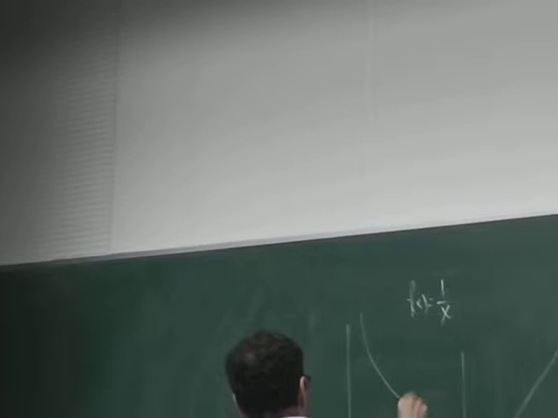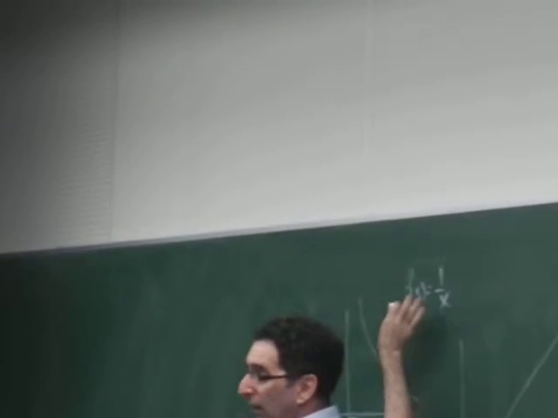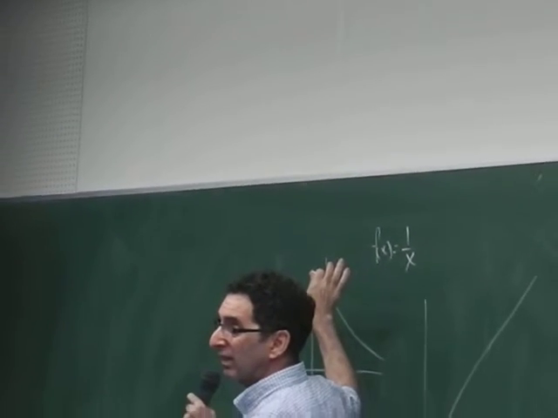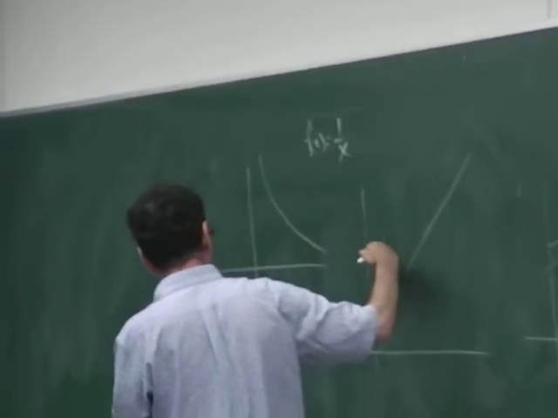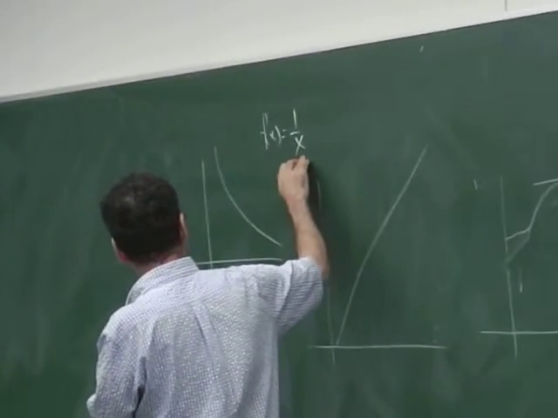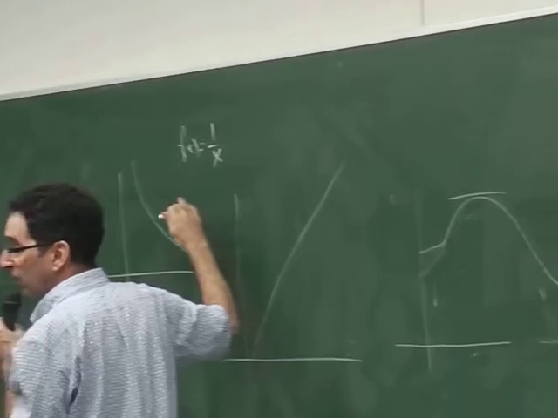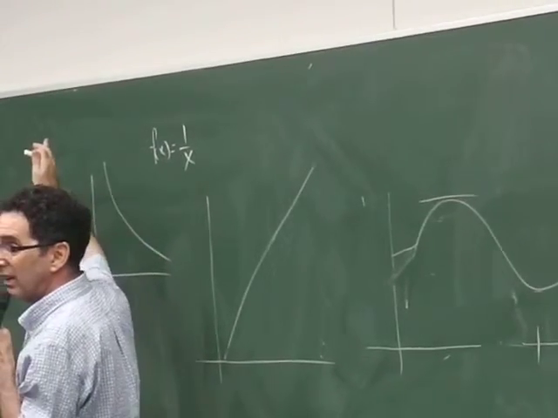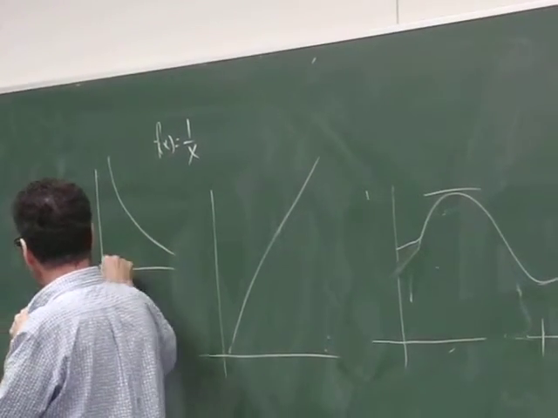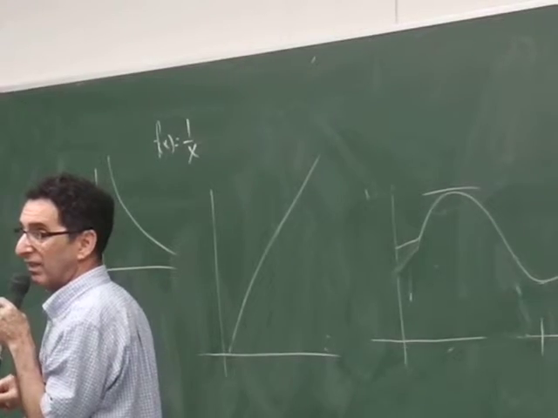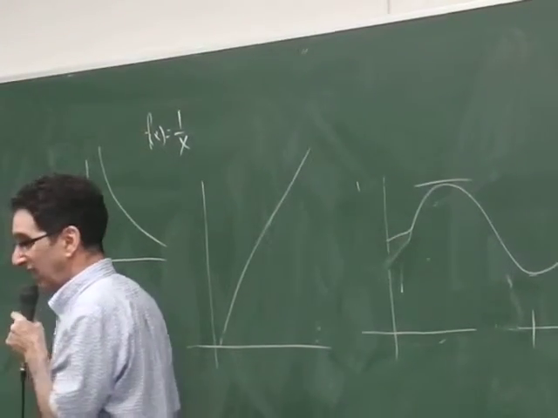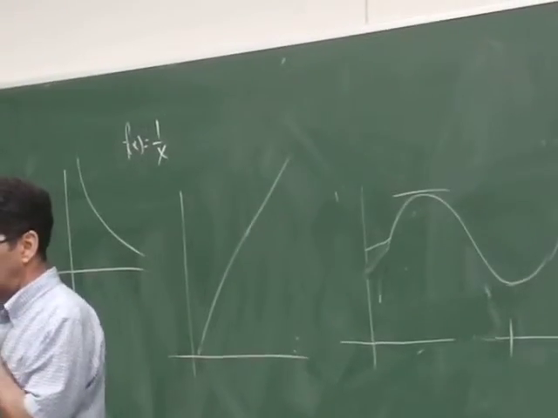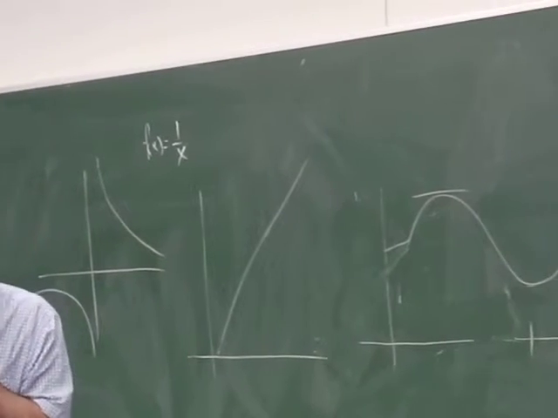Why is that? Because as x gets big, what happens to 1 over x? It gets small, so it goes like this. But when x gets close to 0, what happens to 1 over x? It gets big, and the same thing happens on this side, except it's negative. So it looks like this. Okay, so that's the 1 over x function.